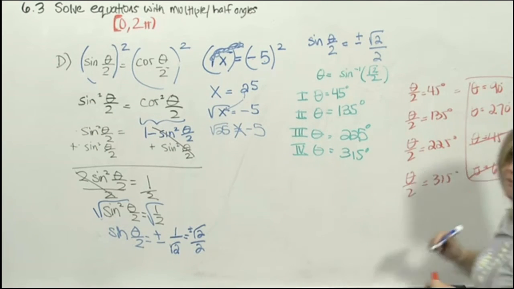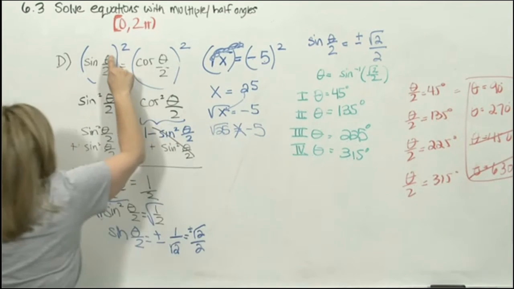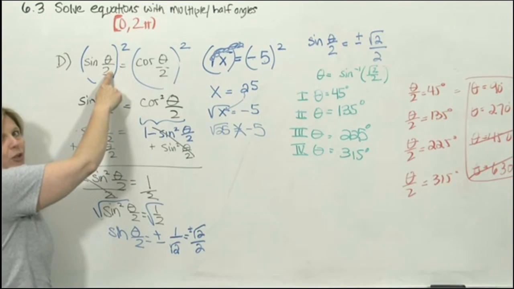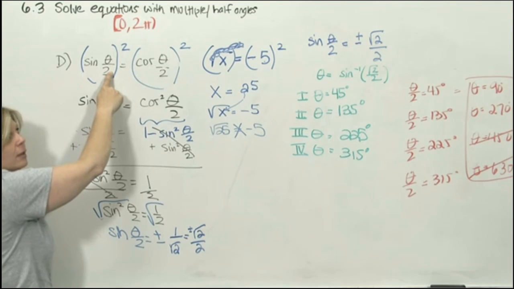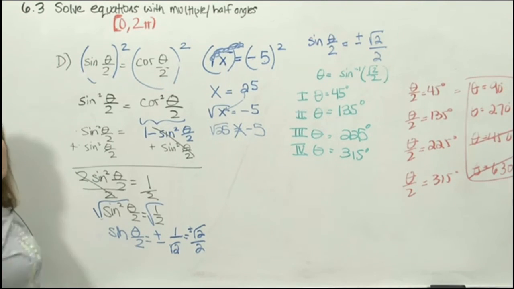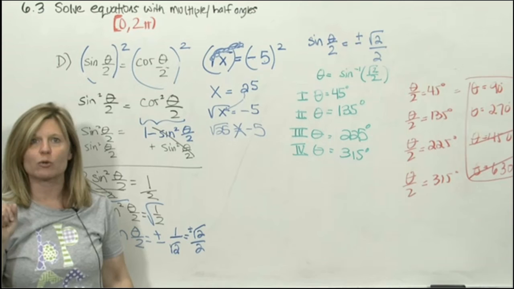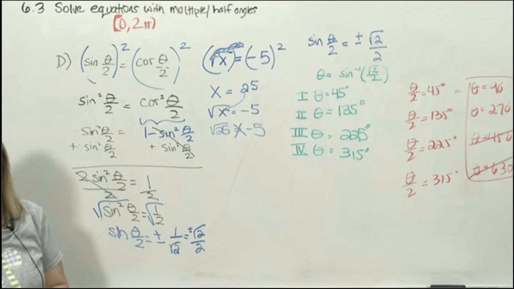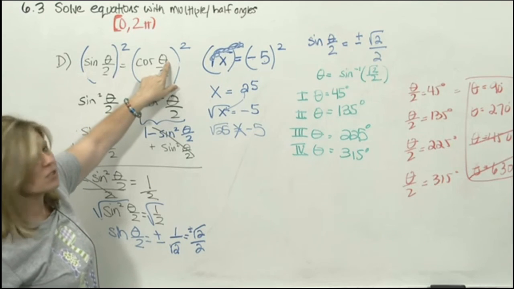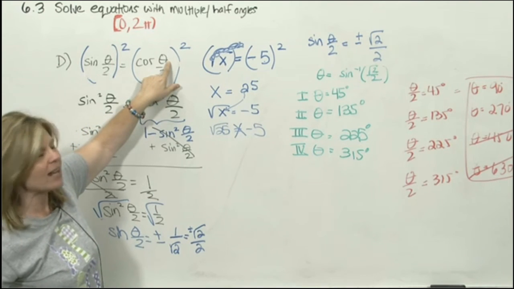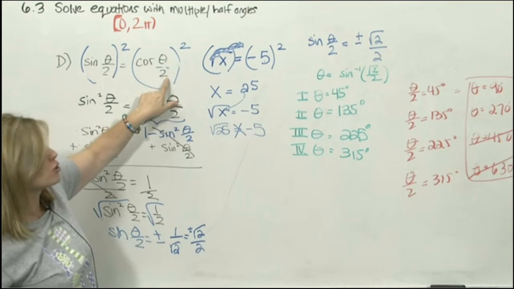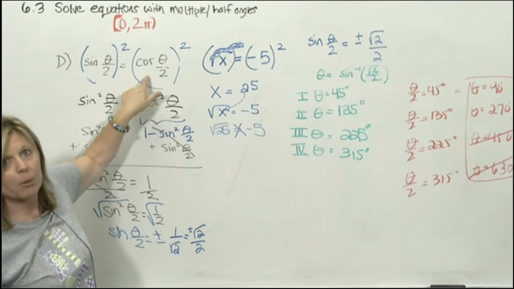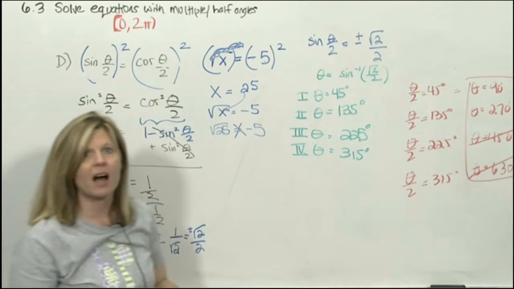If we put 270 back in the original, 270 divided by 2 is 135. The sine of 135, that is not in quadrant 1, that's in quadrant 2, and the sine in quadrant 2 would give a positive number. If I put the 270 here on this side, the right side, 270 divided by 2 is still 135, but now we're doing the cosine of 135.